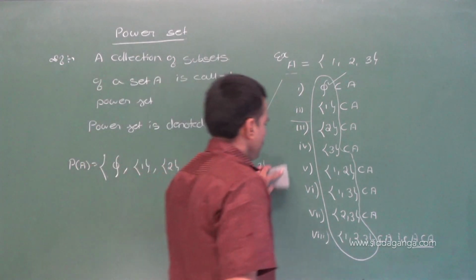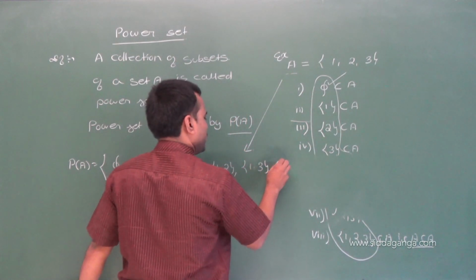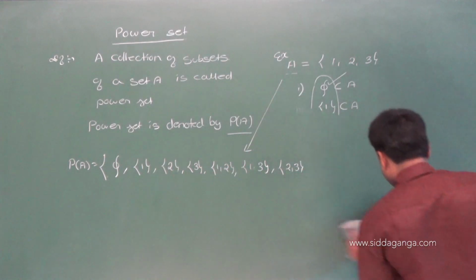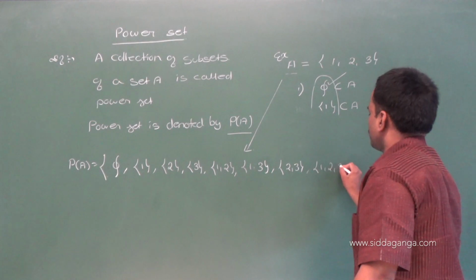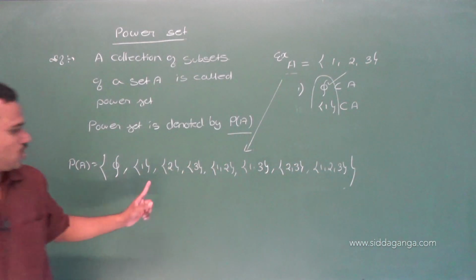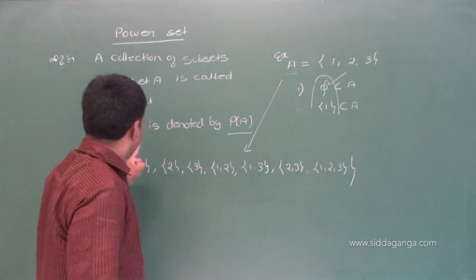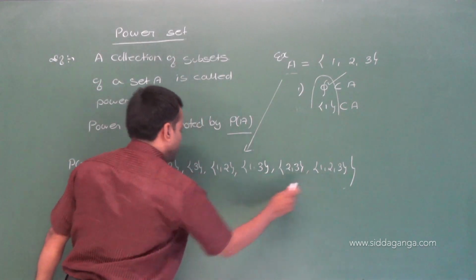The next one, {2, 3}. And the last one, {1, 2, 3}. Observe here, all these are a collection of subsets. So power set means a collection of subsets.